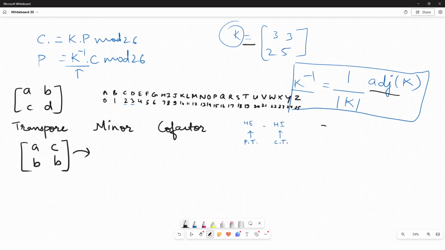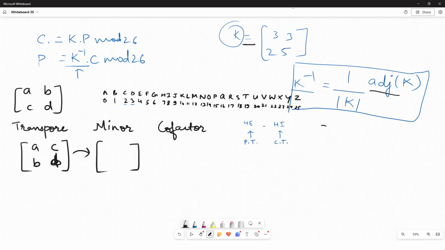In order to calculate the minor of this specific matrix, this is D, A, C, B, D. What you do is you hide. I wish I was in person, I could have shown you.